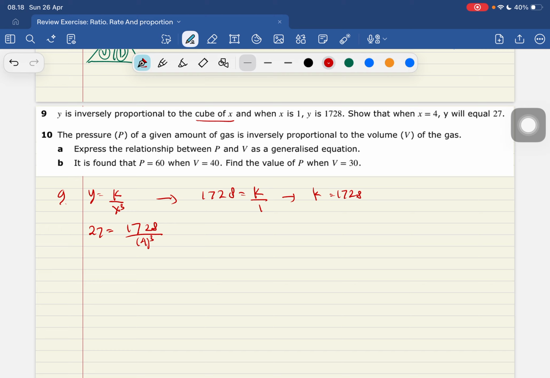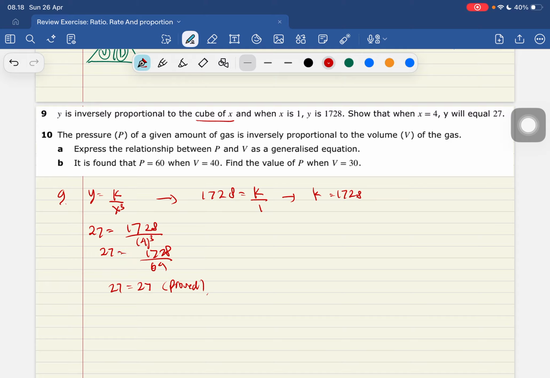So 4 cubed we got as 64. So this is 27. 1728 divided by 64. Yes, this is equal to 27. This is proved.